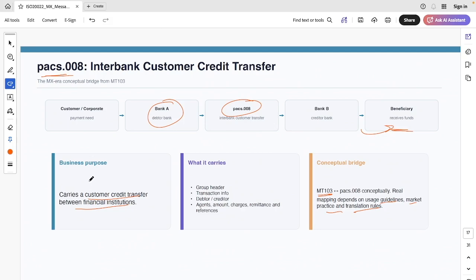So PACS.008 carries the group header, the payment identifier, amount, settlement amount, debtor information, charges, creditor information, creditor agent, remittance information, and references. For BAs and testers, PACS.008 is a must know message because it connects the customer instruction, interbank movement, compliance screening, charges, remittance, reconciliation, and investigation use cases.